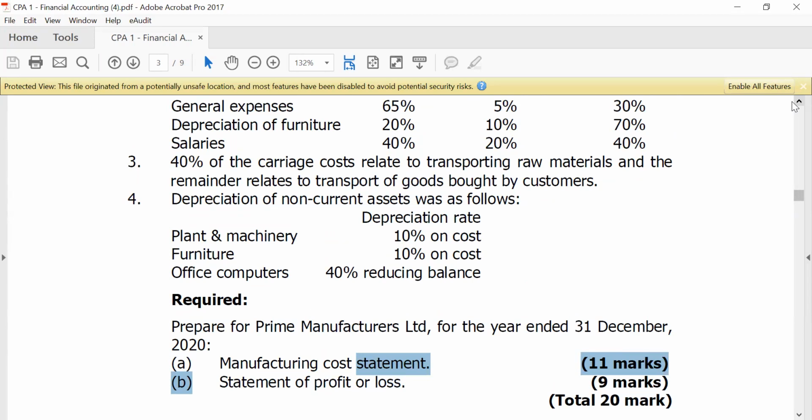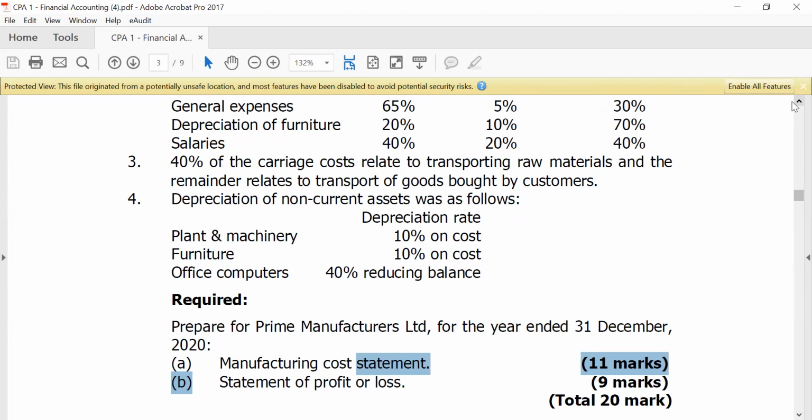Why? Because when you're doing your statement of profit and loss, we know very well that the generic profit and loss starts with sales, less cost of sales. Under cost of sales, we have opening inventory, add purchases, and then less closing inventory.